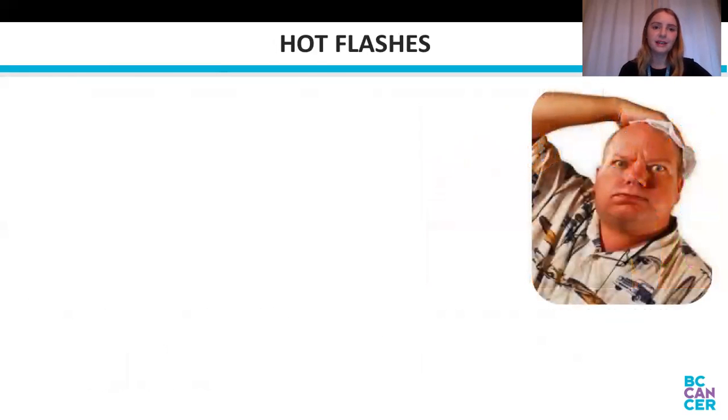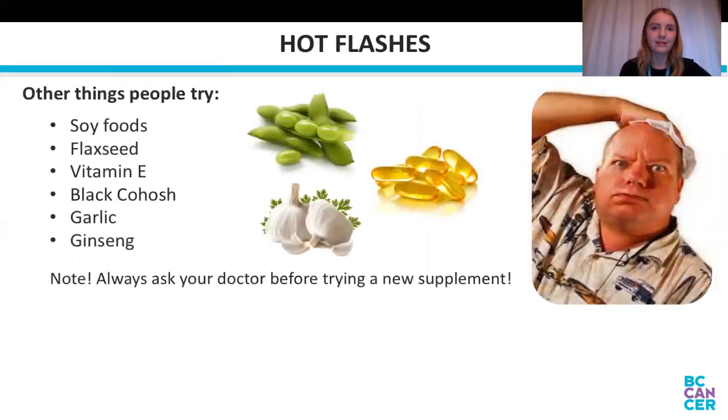Now, continuing to look at hot flashes, here is a list of supplements or natural remedies that people sometimes try that can help manage hot flashes. Well, sometimes people say they've worked for them. Unfortunately, there is a lack of clinical evidence to prove that they are effective in treating hot flashes.